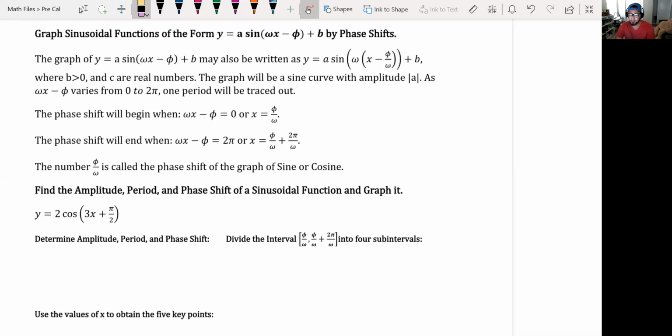The phase shift will begin when you set the inside of the trig function, omega x minus phi, equal to 0, and solve for x. And then the phase shift will end when you set the inside of the trig function, omega x minus phi, equal to the revolutions of that trig function. So if it's sine, cosine, secant, or cosecant, you set it equal to 2 pi. If it's tangent or cotangent, you set it equal to pi.